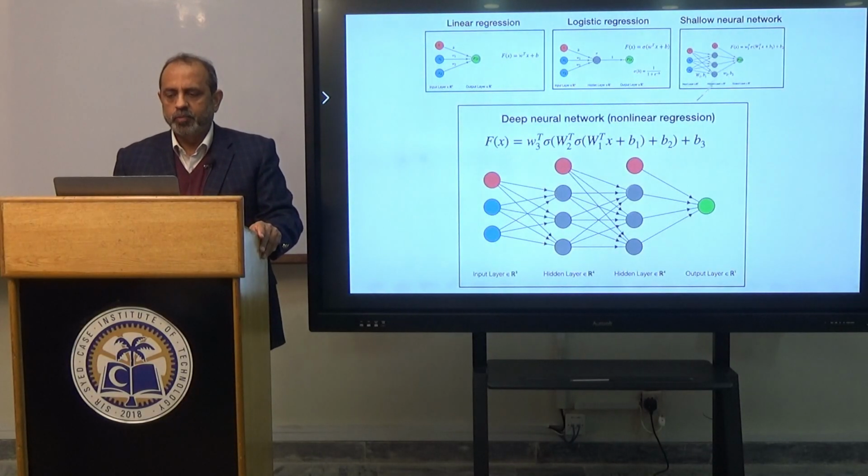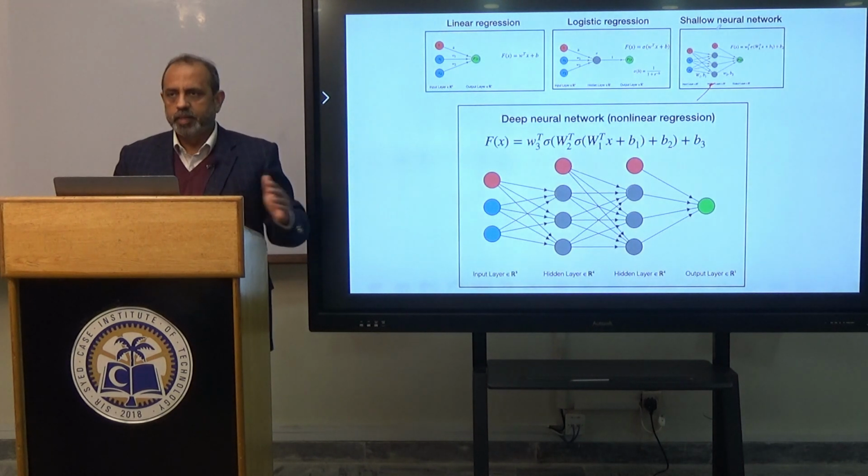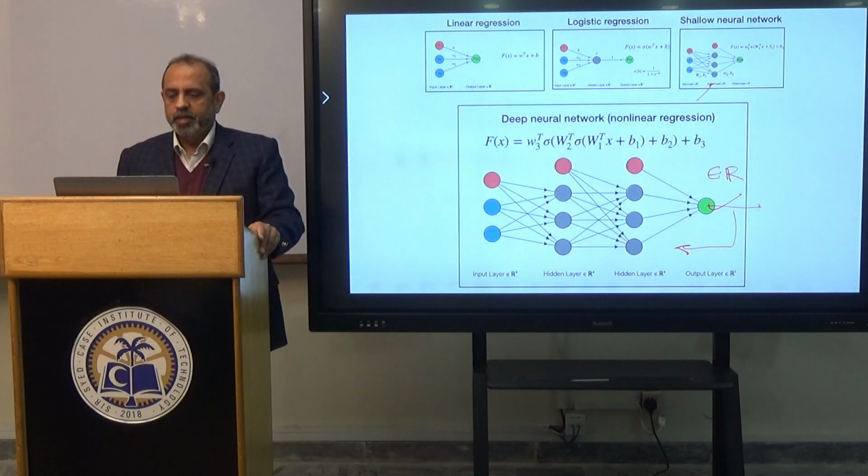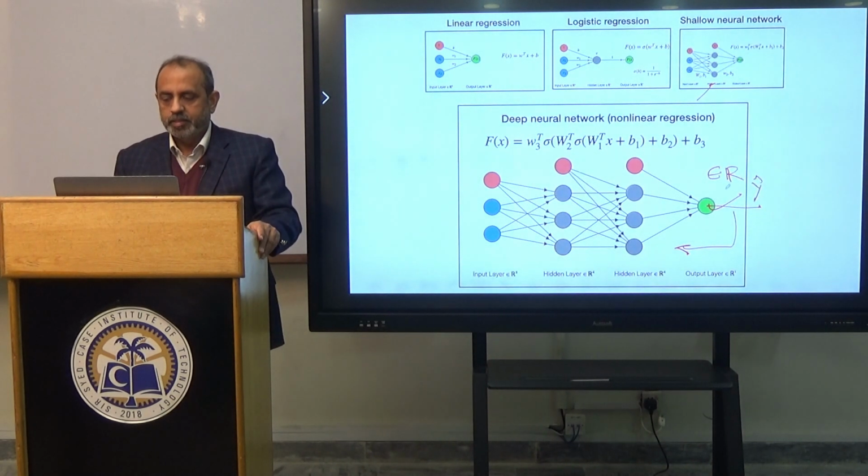And if you add more layers, it becomes a really shallow neural network. Many layers, it becomes a deep neural network. But at the end of the day, you have just one node at the output, which is giving you a real value. Because in the backpropagation algorithm, let's say it's the value of a house, and you say this is what I have predicted through the network, and this is the actual value.